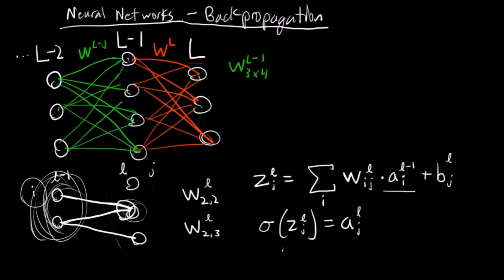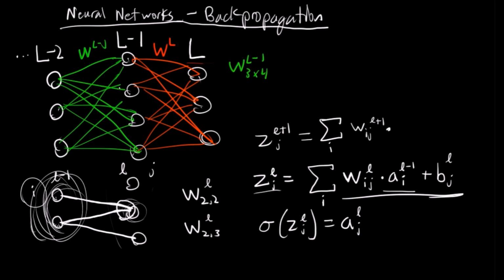So what does that mean? That means that if we wanted to calculate the next layer, Z^(L+1) of J, we would use the sum of all the neurons in that layer, W_IJ^(L+1) times all this stuff right here.